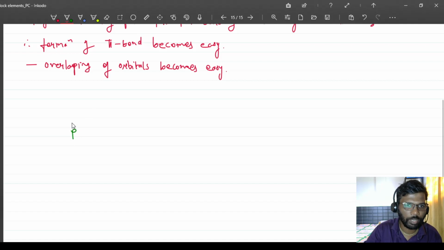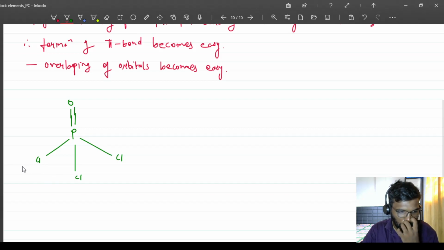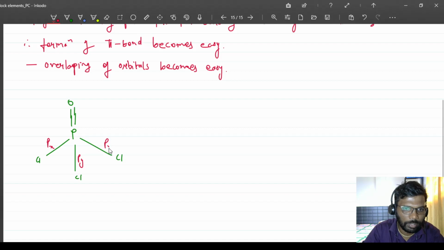Phosphorus I'll write over here, and this is double bonded oxygen, and this is chlorine, chlorine, and chlorine. Here this is px, this is py, and this is pz.